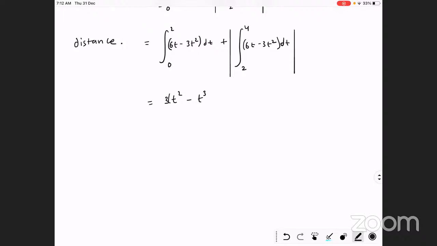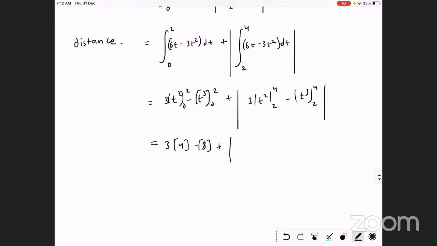This is 0 to 2 plus mod, फिर से वही 2 to 4 माइनस टी क्यू, 2 to 4 मॉड. ये कितना आ जाएगा 3 into 4 minus 8 plus 3 into 4 square minus 2 square minus 4 power 3 minus 2 power 3 mod.